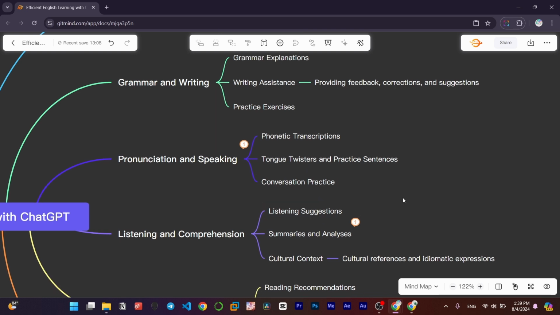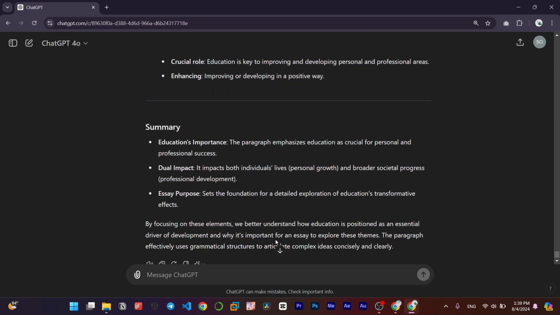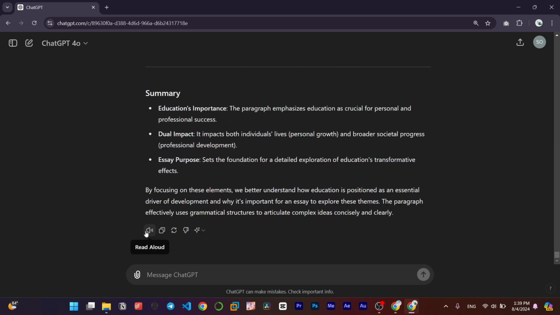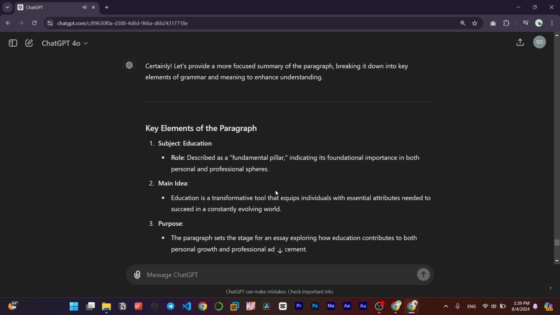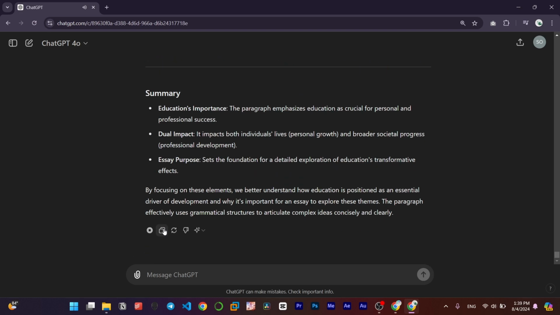There is a capability, for instance, where I can click on read aloud and it will read for me.